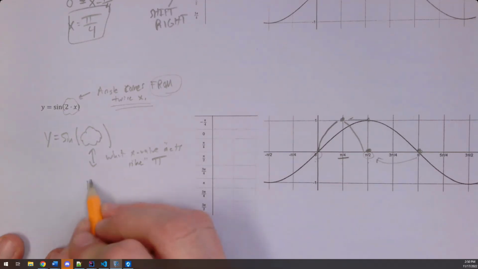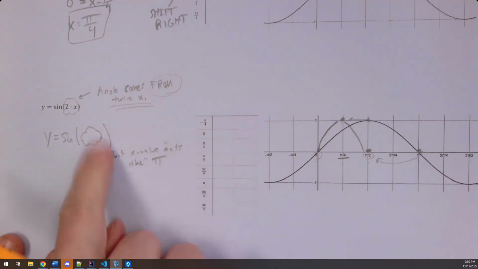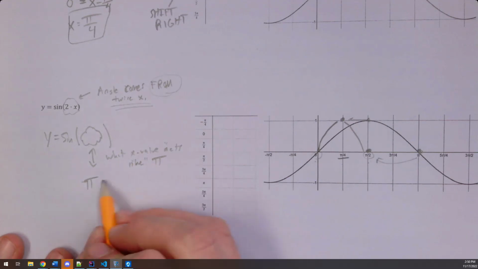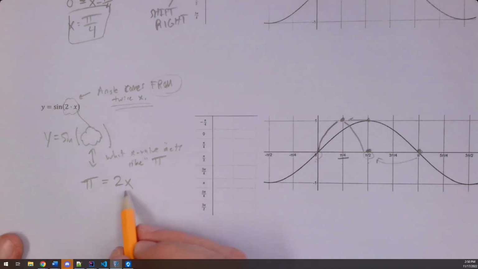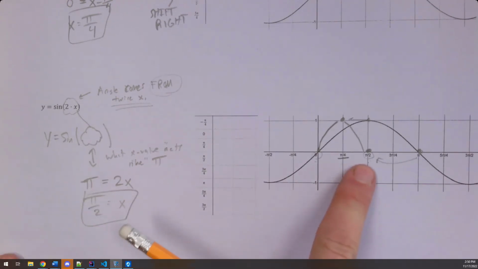So let's set up our equation. I want the angle here to be pi, but I want to figure out what x value I'll plug into the bubble that will produce pi, so that my x value will act as if it's pi. Great, so I'll just divide by 2. And you see that that's happening.